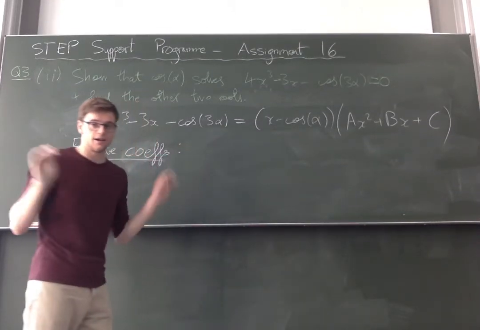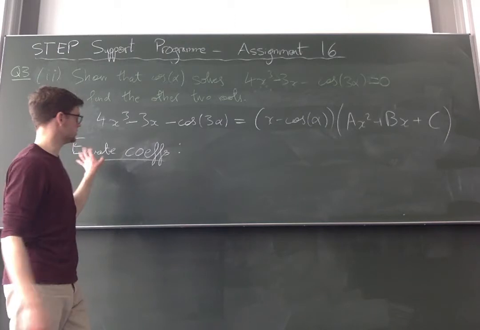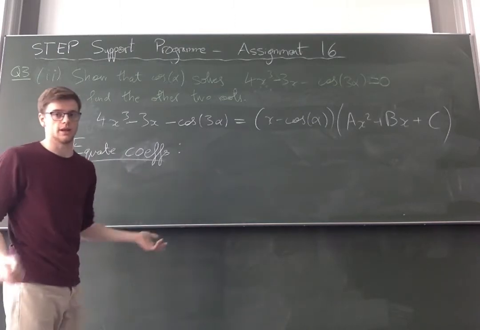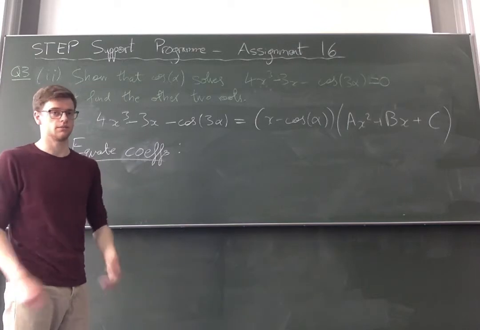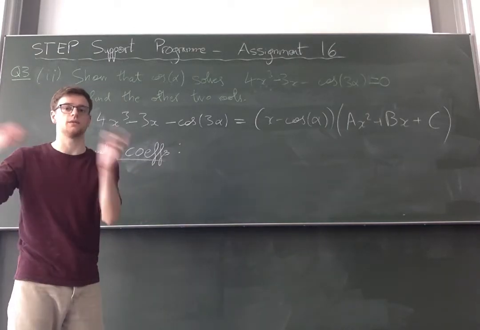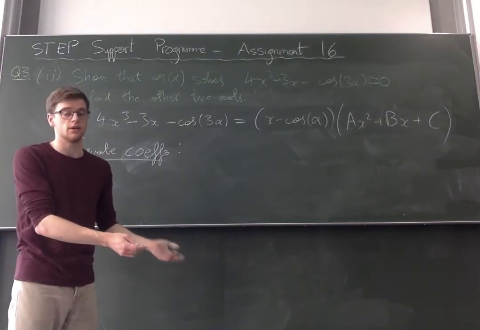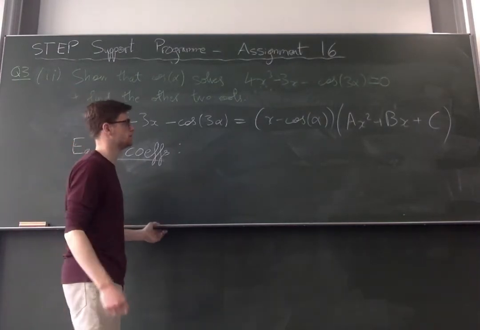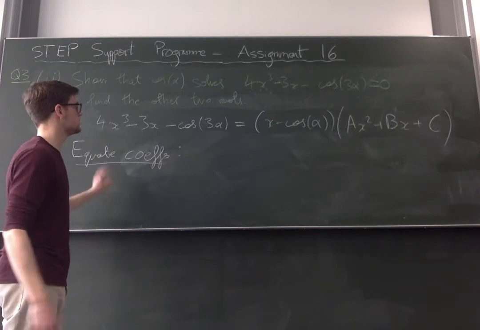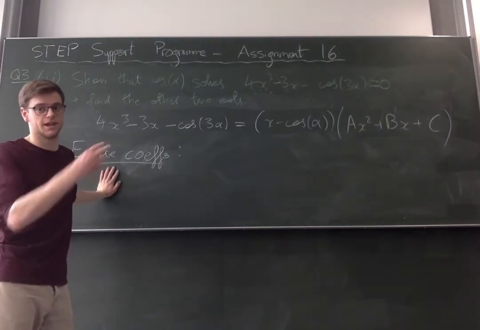I'm not saying that you will lose a mark if you don't explain what you're doing, but it always helps. Say you did something wrong, but you explained that you were equating coefficients or solving this polynomial. You can still get marks for method, even if you messed up the manipulations a little bit. So it's always helpful, and for yourself, if you make a mistake, to come back.